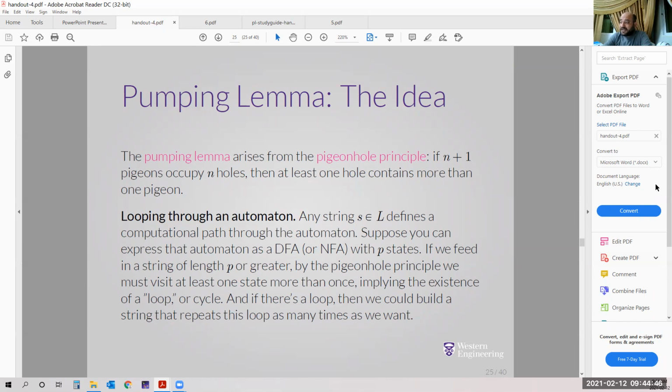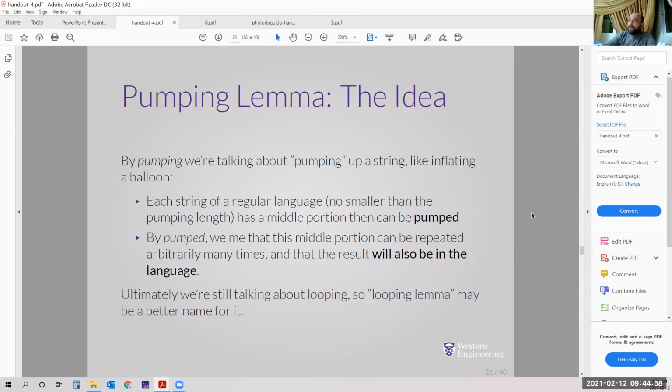And if there is a loop, then we could build a string that repeats this loop as many times as we want. By pumping, we are talking about pumping up a string, like inflating a balloon. We make it bigger. Each string of a regular language, no smaller than the pumping length, has a middle portion that can be pumped.